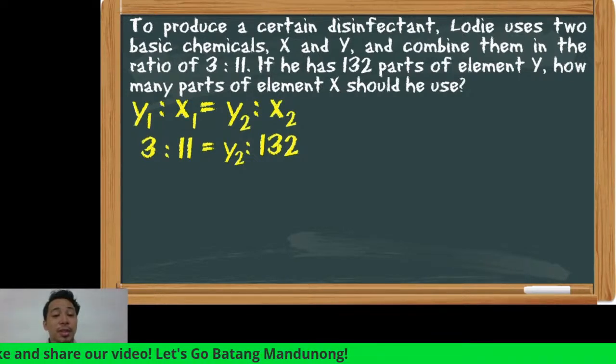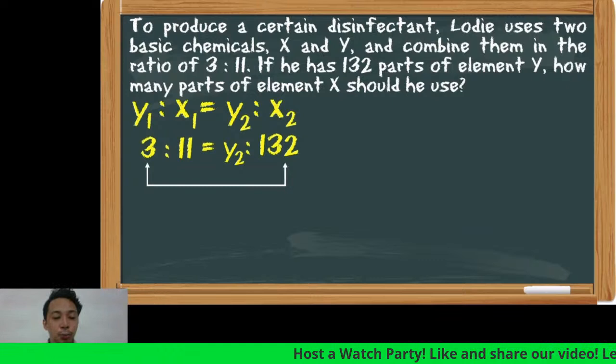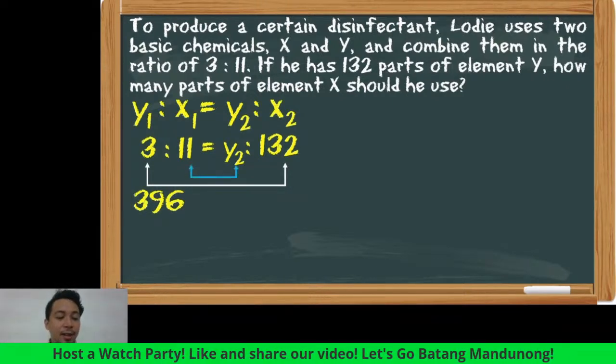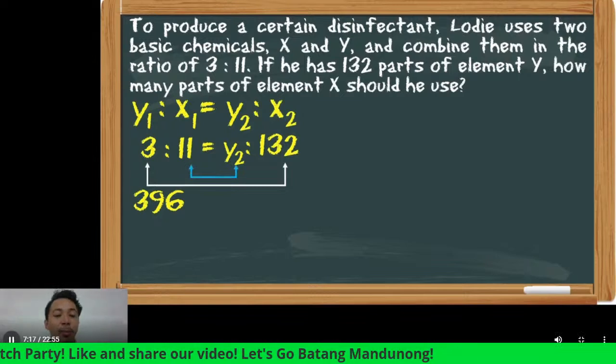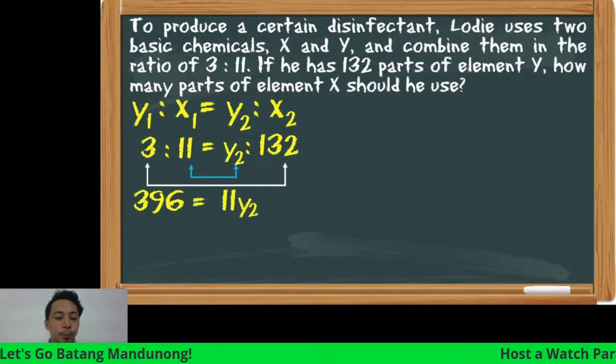Now, using the rule for the means and extremes, we'll have 3 times 132, that is 396, equals 11 multiplied by y sub 2, we'll have 11 y sub 2.